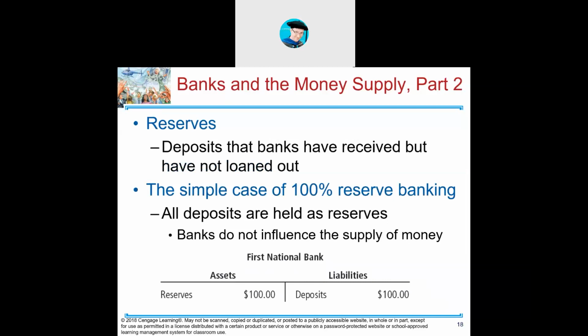Banks are required to have a certain amount of cash on hand at all times, regardless of how many deposits or withdrawals they're experiencing. We call this reserves. And the reserve is like a safety net of cash that cannot be loaned out, but they must keep on hand. Okay?